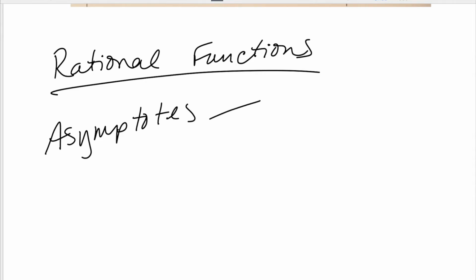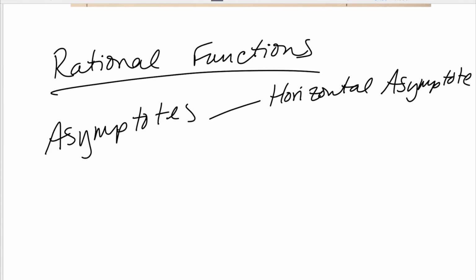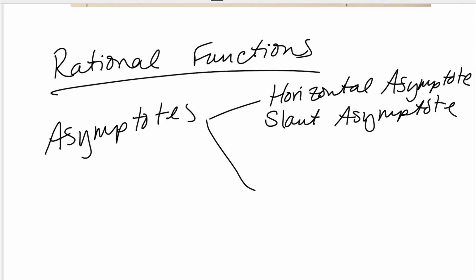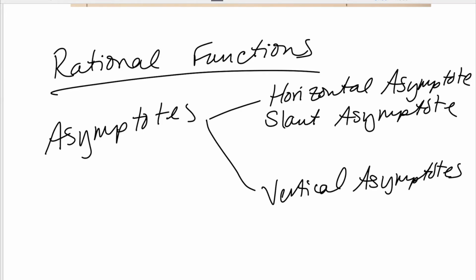You can have horizontal asymptotes or slant asymptote, depending on what that degree, that leading behavior, is going on. Or you can have vertical asymptotes or holes. Remember, we talked about that in 1.1 too.